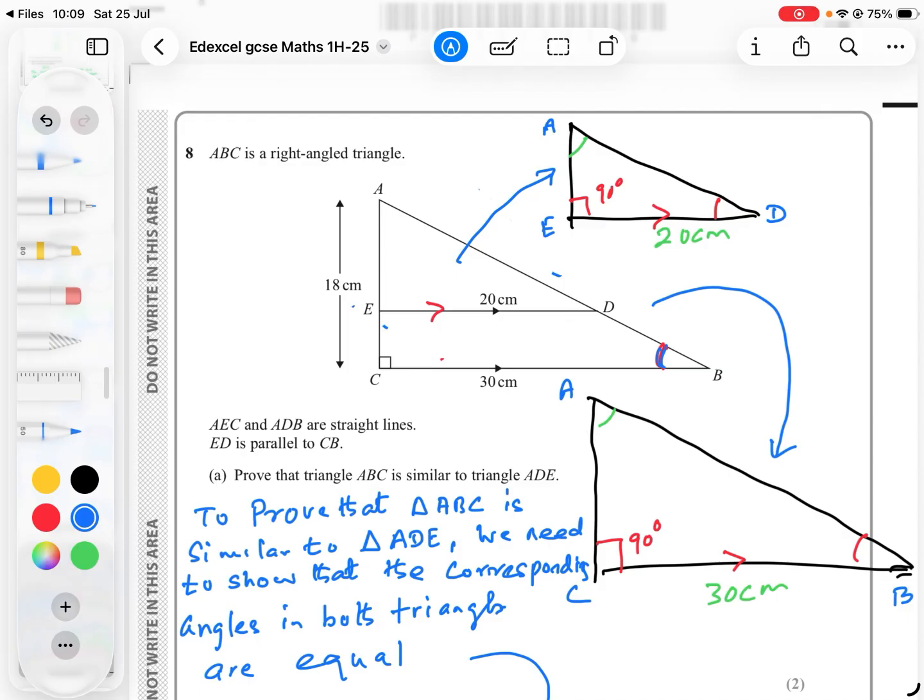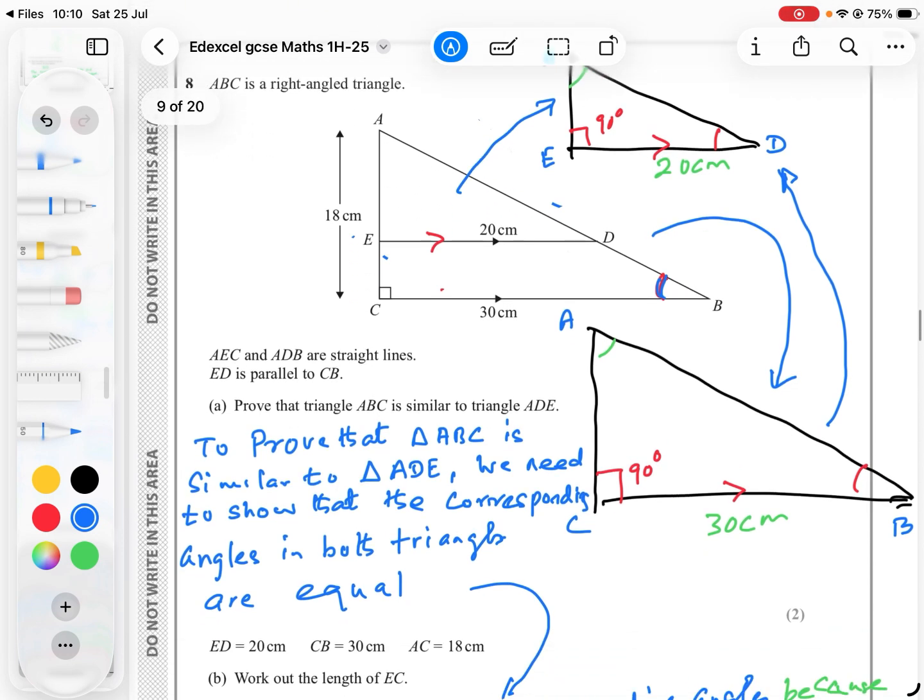Okay, the question is, A part, prove that triangle ABC is similar to triangle ADE. You have to prove. So in both triangles, to prove that, corresponding angles must be equal.